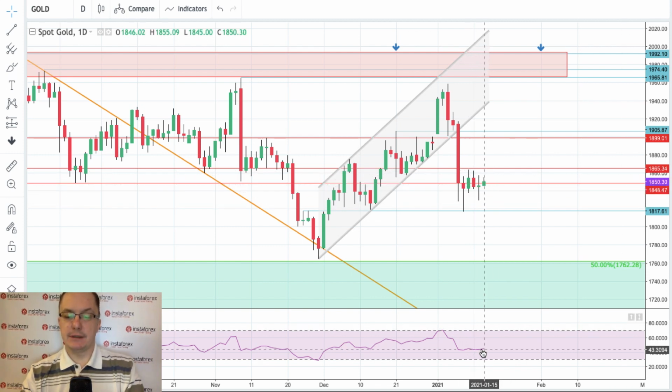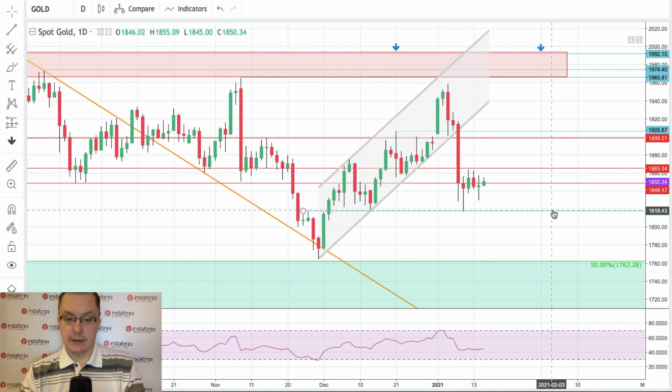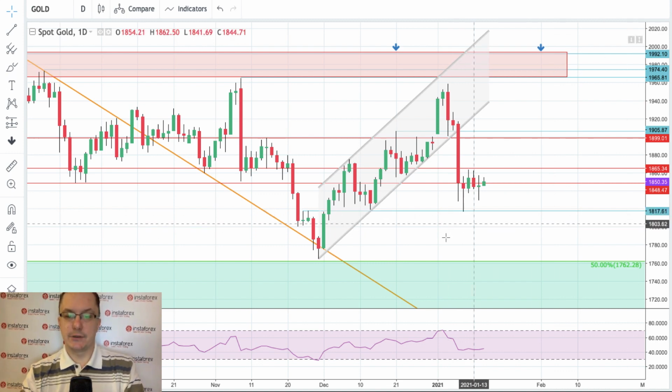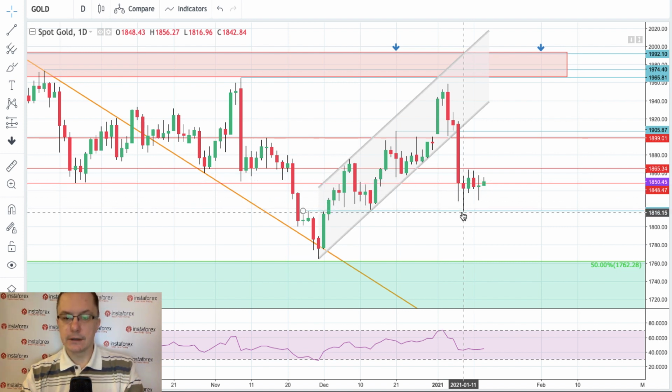Currently the momentum is negative, so the sentiment is that it might go down, the yellow precious metal, and of course the down move will accelerate if $1,817 is violated, because this is the defense candle, a kind of pin bar, a hammerish trend reversal candle.